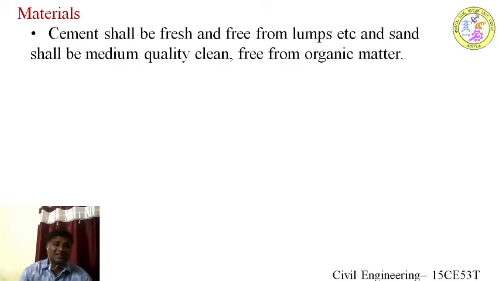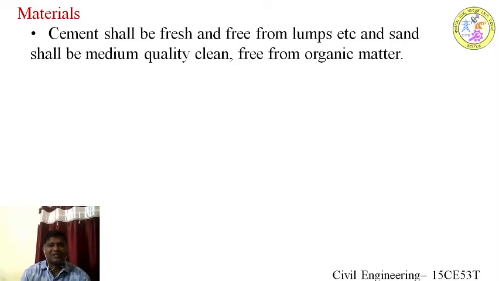The materials for cement pointing consist of cement. The cement you are bringing should be fresh and free from lumps, and after conducting the basic tests such as physical tests and chemical tests, the results should be as per Indian Standard specifications. One more ingredient that will be used is sand.